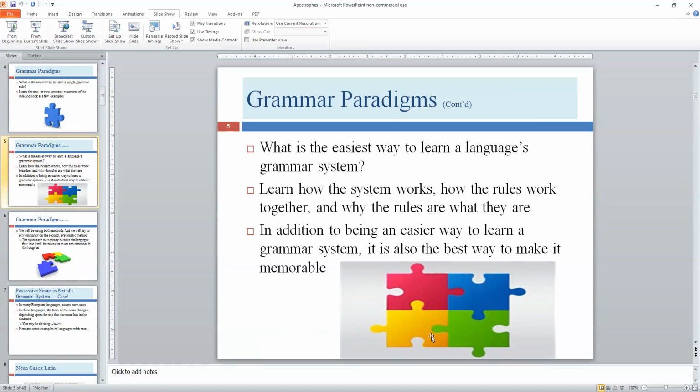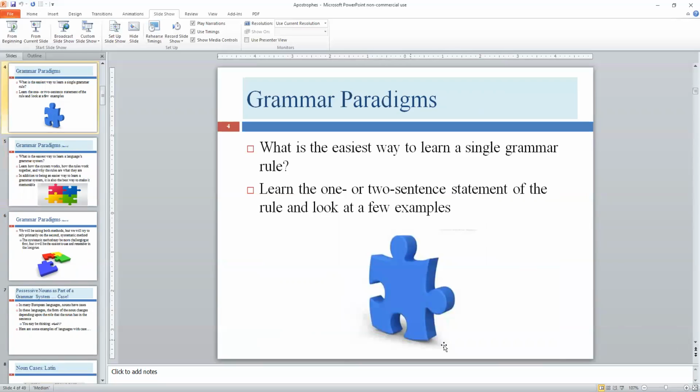And you know what? Grammar is more complicated than this picture shows, because this blue puzzle piece is going to interact with this yellow puzzle piece, and there's going to be a black and an orange and a white and a brown and a turquoise and all kinds of other colors, and they're all going to be interconnected in very subtle and complicated ways. And so whenever you take one piece of the puzzle out and look at it in isolation, yeah, you can learn some things about it, and that's not a bad idea.